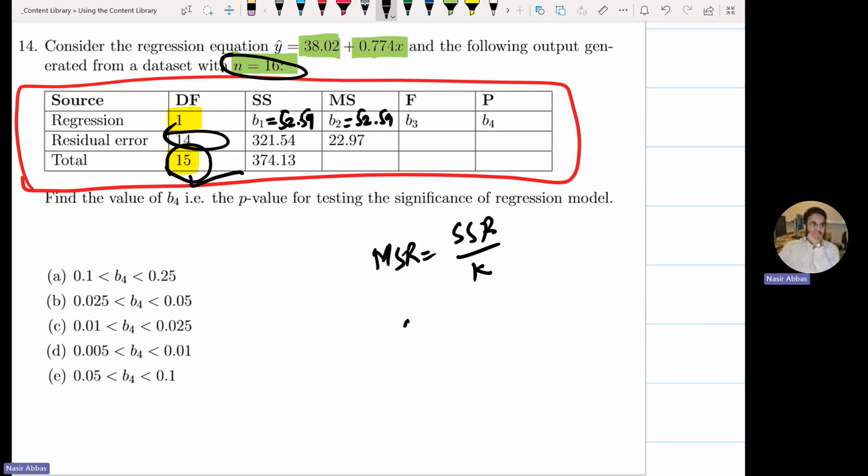How do you find F? MSR over MSE. Do it. 52.59 divided by 22.97. In your exam, it can ask you for any of these. It may ask you for SSR, it may ask you for MSR, it may ask you for F, it may ask you for the p-value of F.